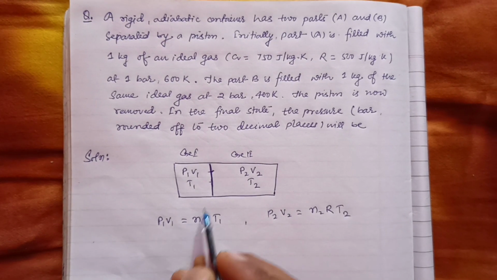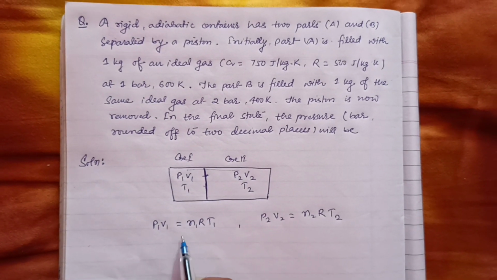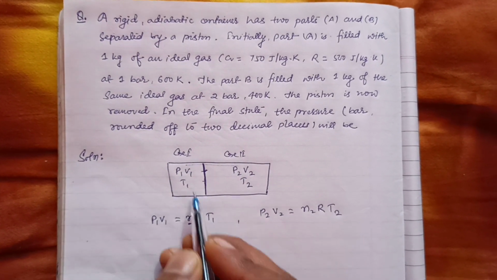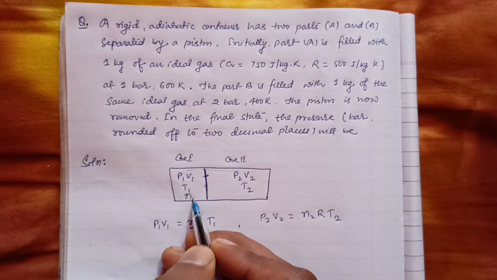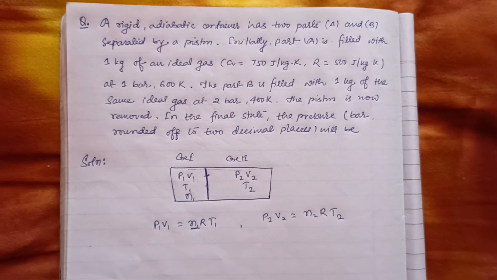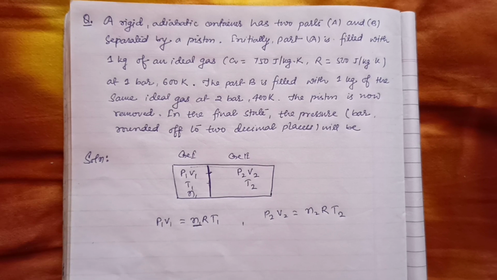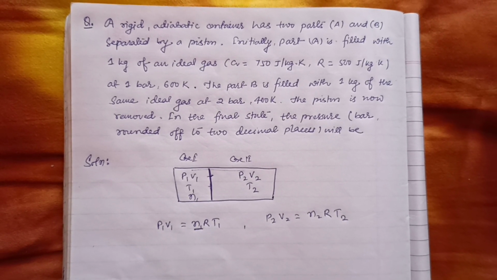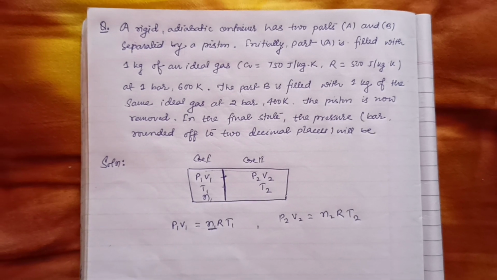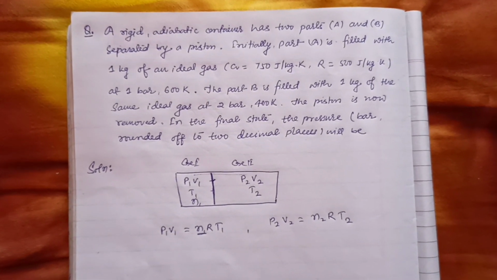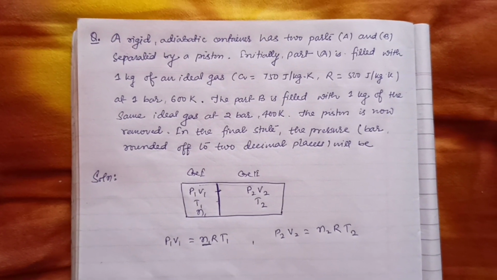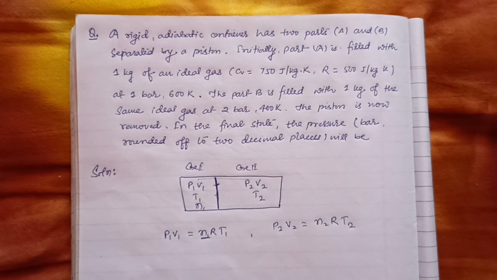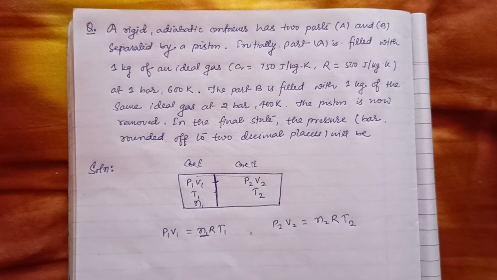Now guys, when there is mixing, we know the number of moles in the first case. The number of moles here is given in kg, because the molecular mass will be the same for both ideal gases, since both are similar, so we can manage with this N1 value given in terms of kg.